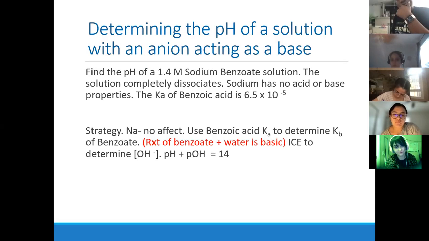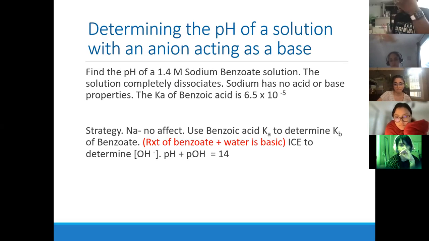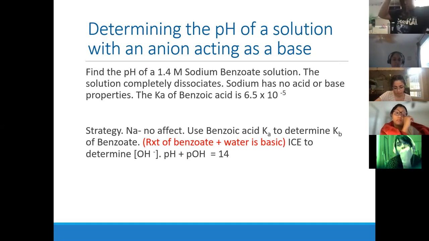So I have to change the Ka to a Kb. I'm going to use the ICE diagram to determine my OH minus. And then just like we did with the weak base, we're going to determine what our pH is by pH plus pOH is equal to 14. That's the strategy we're going to do.